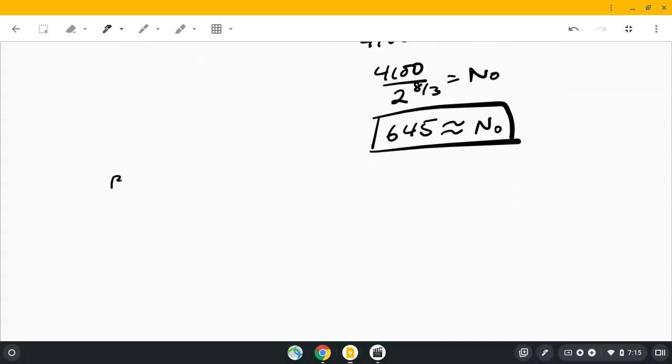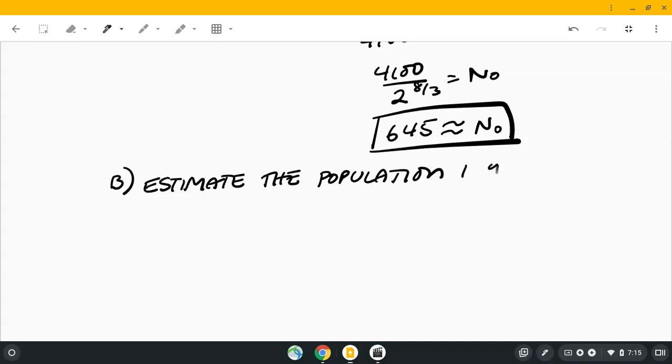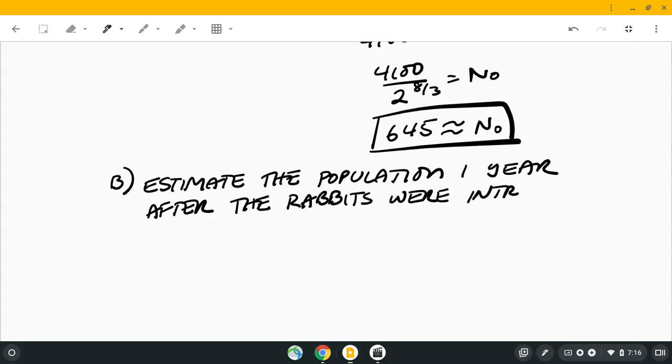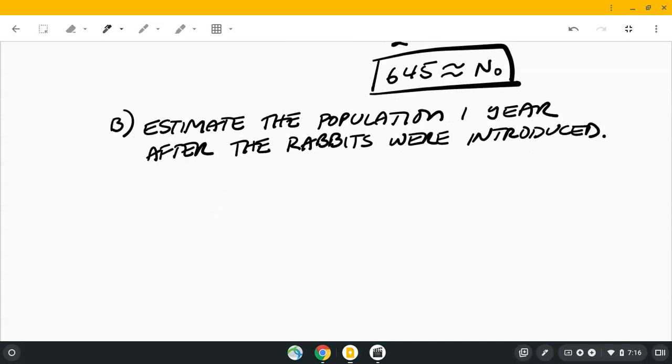So let's take a look at part B. Estimate the population 1 year after the rabbits were introduced. We haven't written down our actual function yet, but now is a good time.